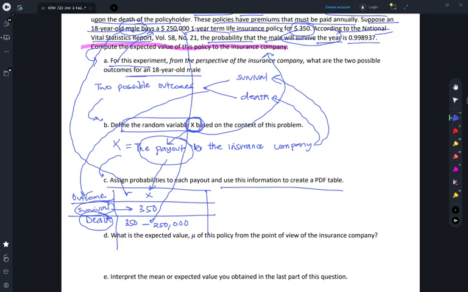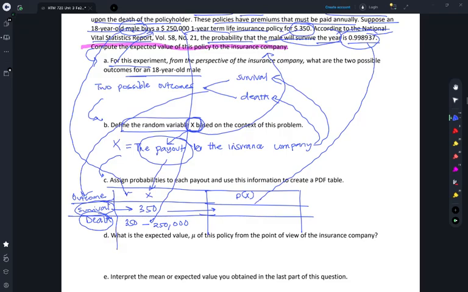So this is associated with what probabilities? The probability P of X for 350, if the person survives, is 0.998937.